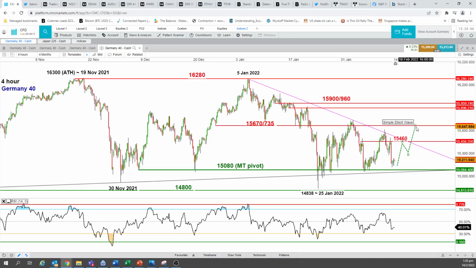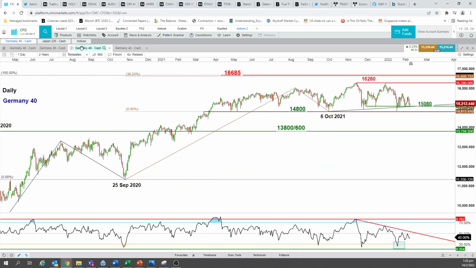That is the resistance level for this week if the German 40 index manages to continue to see a further bounce off the 15,080 key middle-term pivotal support. However, if we start to see a 4-hour close below the 15,080 level, it could see another intraday slide to test the next support at 14,800.